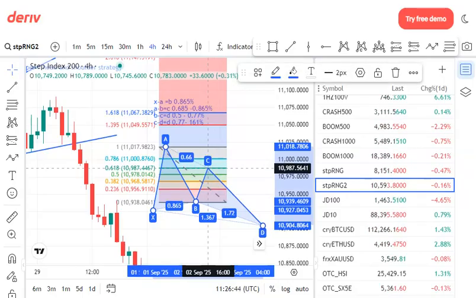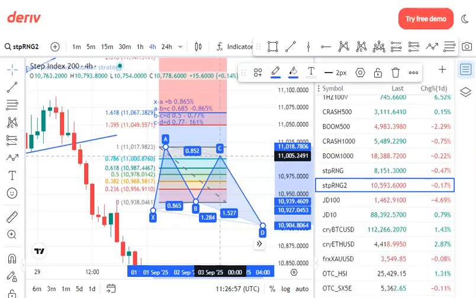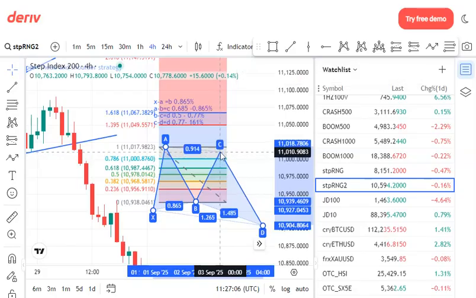From 685, we went all the way to 865. So the percentage varies, right? If you add your percentage at 0.685 all the way to 0.865, it is still valid. Yeah, and that's what you have here.